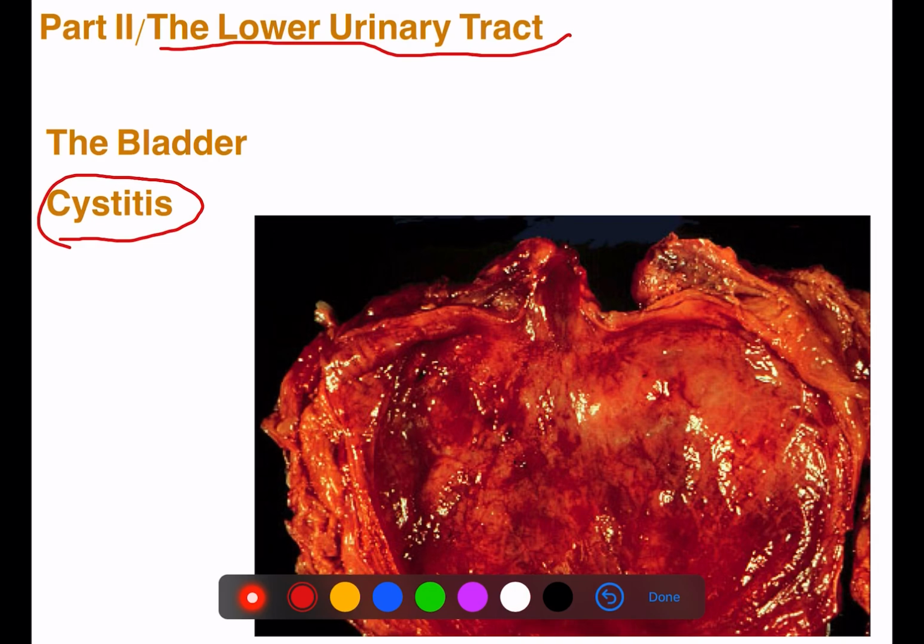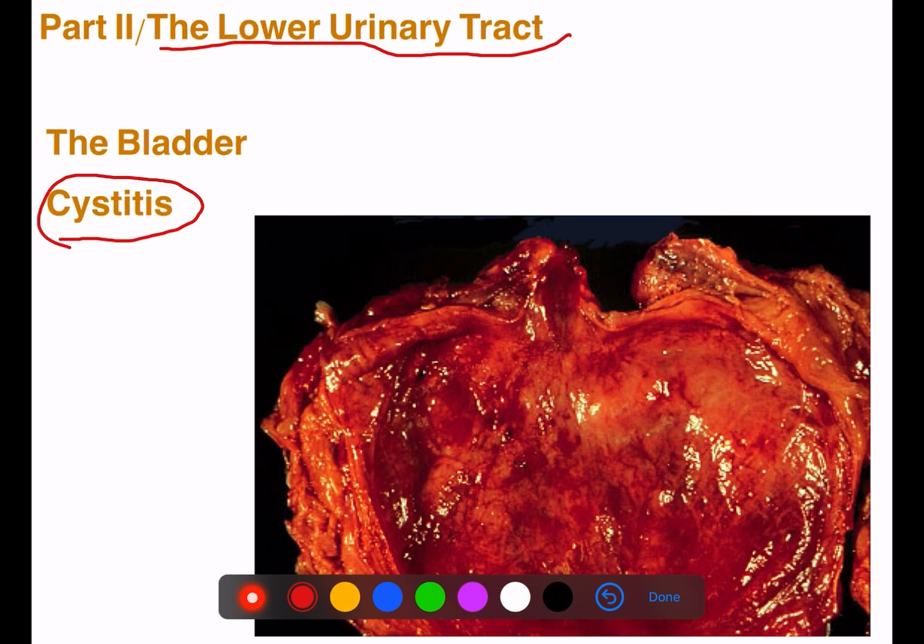Due to migration of some parasite within the bladder, maybe a chronic cystitis occurs. Also, there is acute cystitis, as we mentioned, in bacterial infection. Also, viral infection may develop from the peritoneum and travel to the bladder.